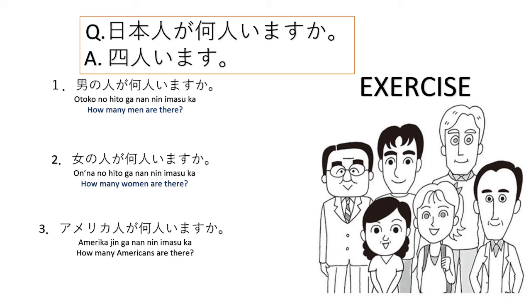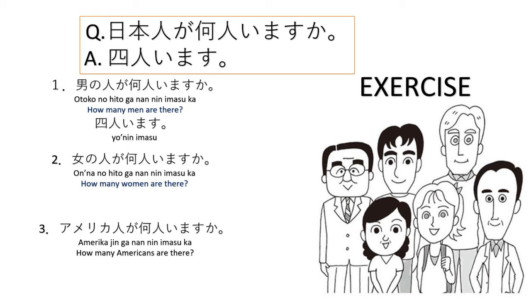Okay. So for the first question, how many men are there, or how many male are there? Otoko no hito ga nannin imasu ka? Now let us count. How many? 1, 2, 3, 4. So the answer is 4人います.